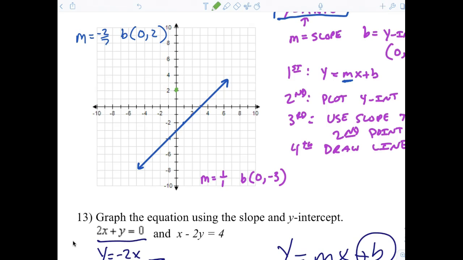We're going to go down 2 and to the right, how much? 7. And then we're going to draw the line. Come on, guys, we can do this. There's nothing special. I just didn't want to do them on separate graphs.